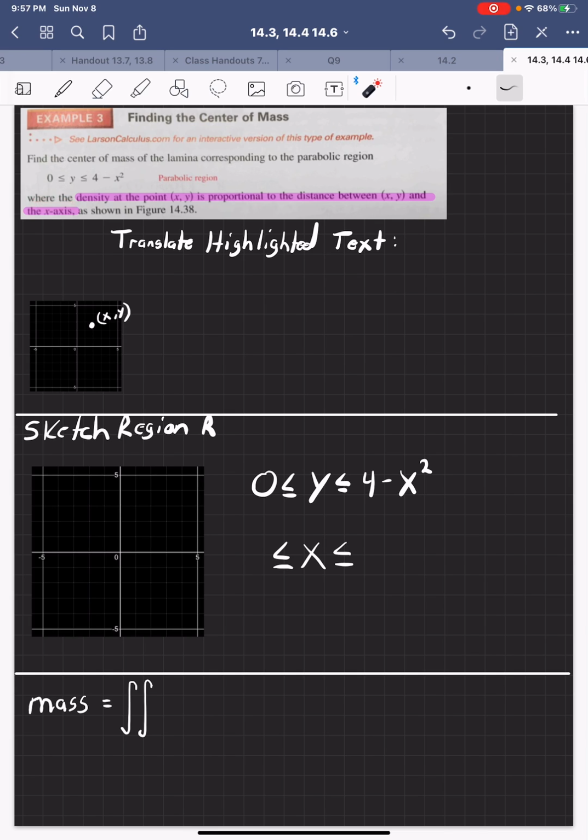I can see a student getting confused when there is no need to get confused. It's not that bad. So let's just go ahead and translate that highlighted text. Now, first, the word proportional.